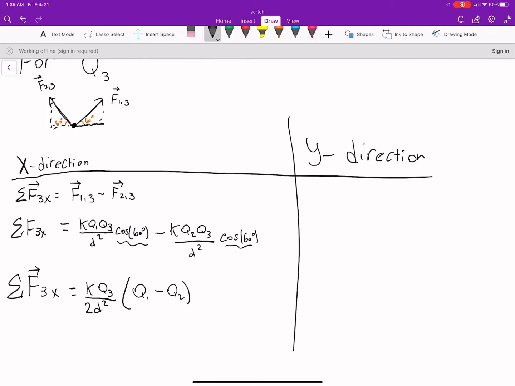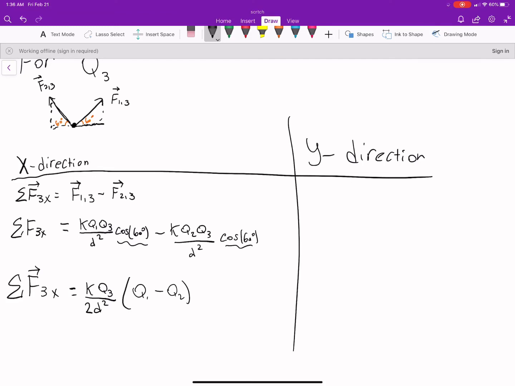Before we get into the y direction, let's go ahead and plug in our numbers. 9 times 10 to the 9th times Q3, so that's 4 times 10 to the negative 6, divided by 0.03 squared, times 2 times 10 to the negative 6, minus 4 times 10 to the negative 6.